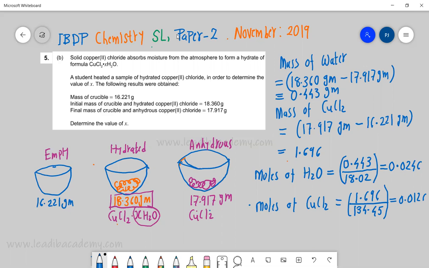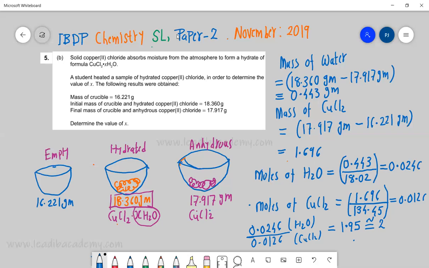So we can now quickly do the calculations. It means they are in the ratio of 0.0246, this is pertaining to H2O, divided by 0.0126, this is for CuCl2. I think we should be getting roughly around 1.95, which we can very well round off to 2.